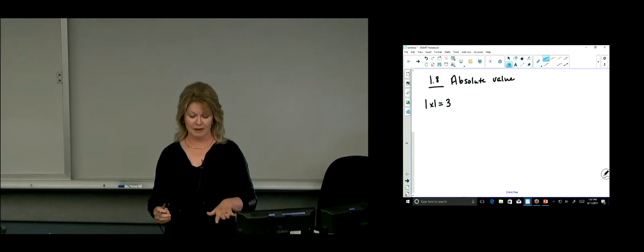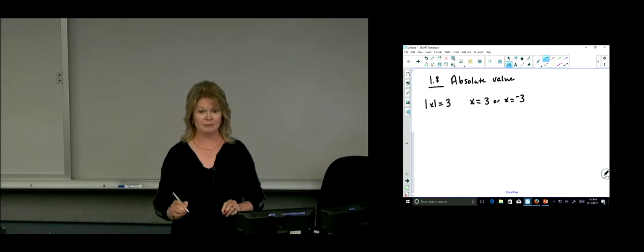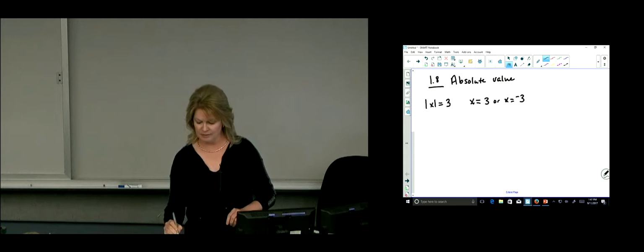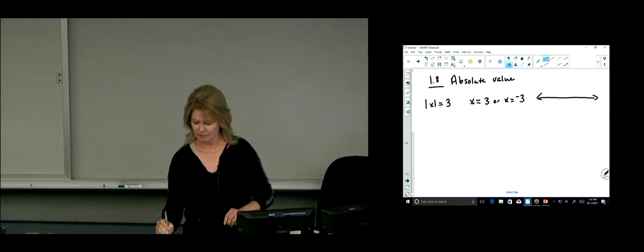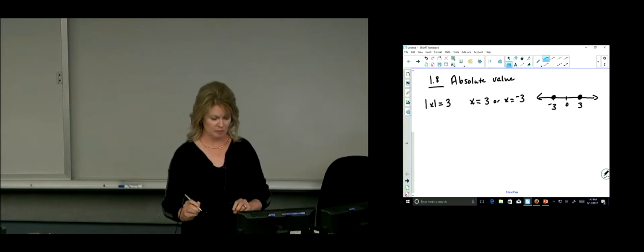So if I see that the absolute value of x is equal to 3, my solution is going to be either x is 3 or x is negative 3, because both of those numbers are 3 units away from 0. And it would just be those 2 points, okay? Just those 2 points.